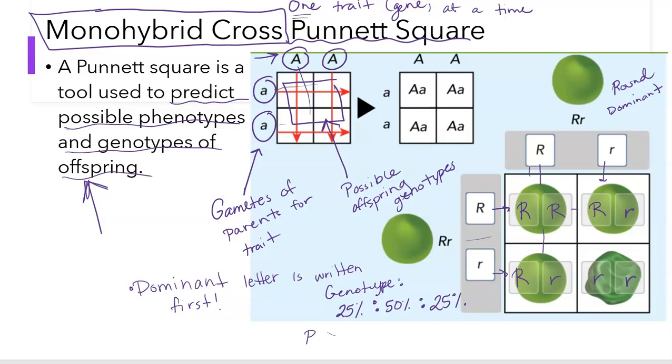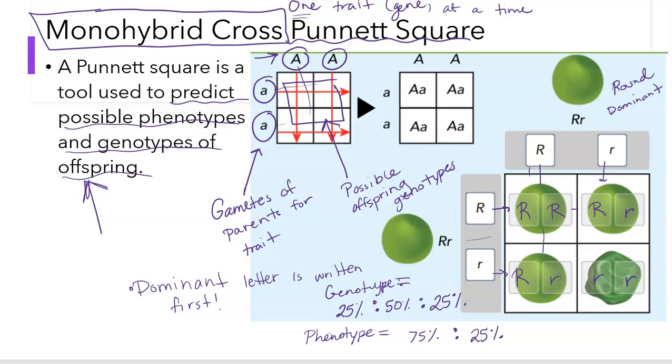And for our phenotype ratio, we would have 3 round, that's dominant, so you can write it as 3 or 75%, and only 1 wrinkled, 1 recessive.